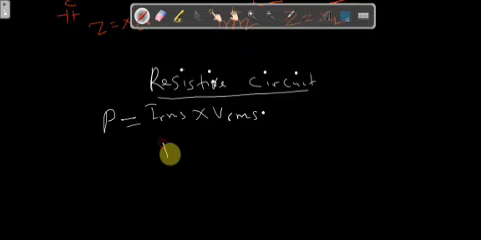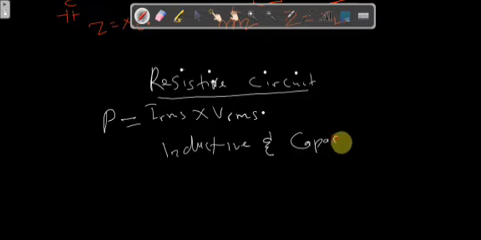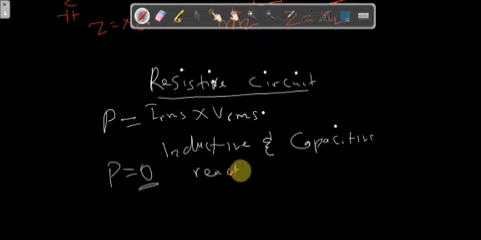For an inductive and capacitive circuit, the power is reactive. So the power is equal to 0. They are called reactive power, so their power is equal to 0.